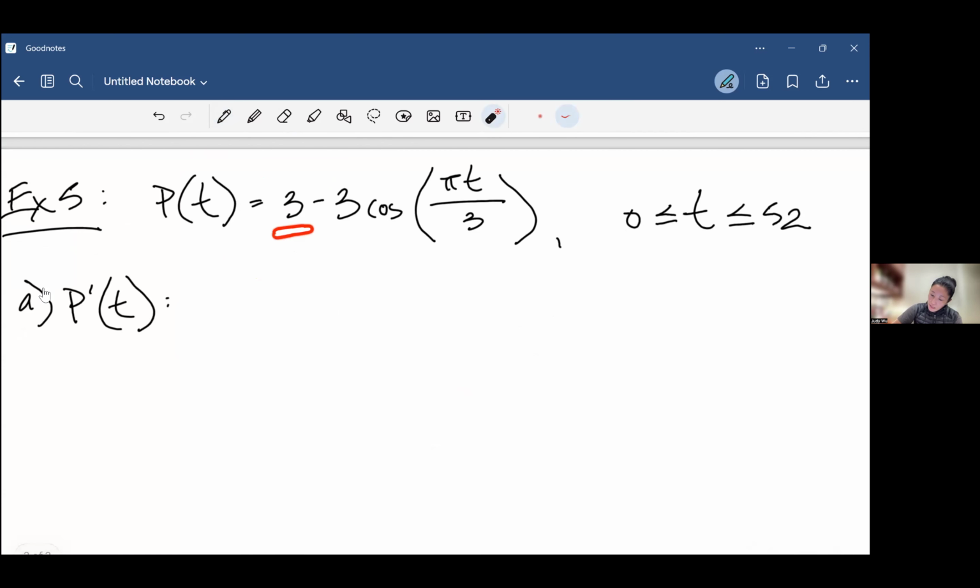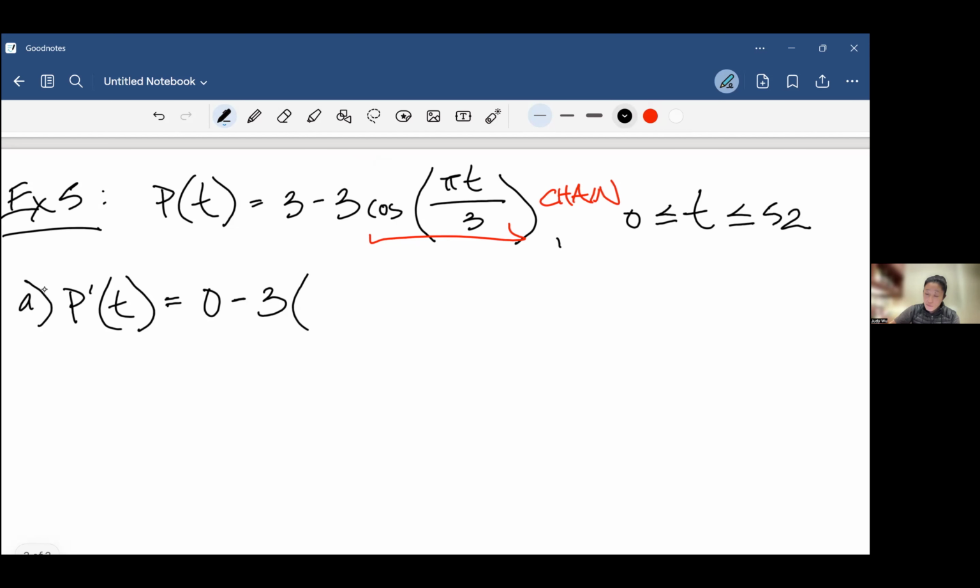Okay, so let's take this derivative. Derivative of 3 is 0. So we've got 0 minus 3. Okay, looks like I'm going to need some chain rule over here because I have cosine of something like pi t over 3, and that cosine's not just of t. All right, so the derivative of the outer function, derivative of cosine, is negative sine.